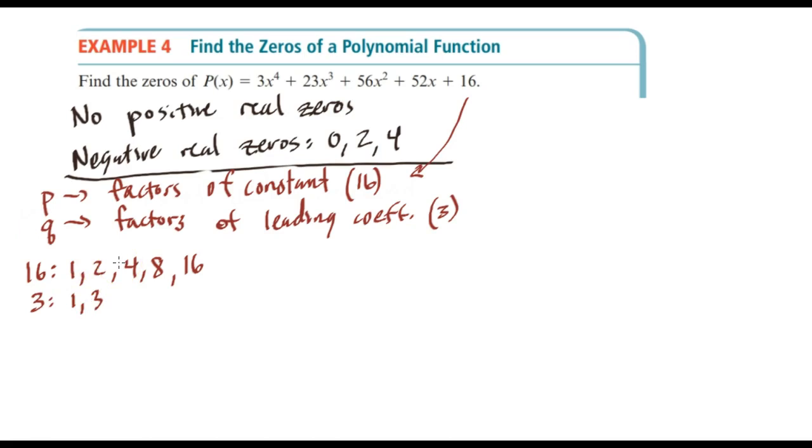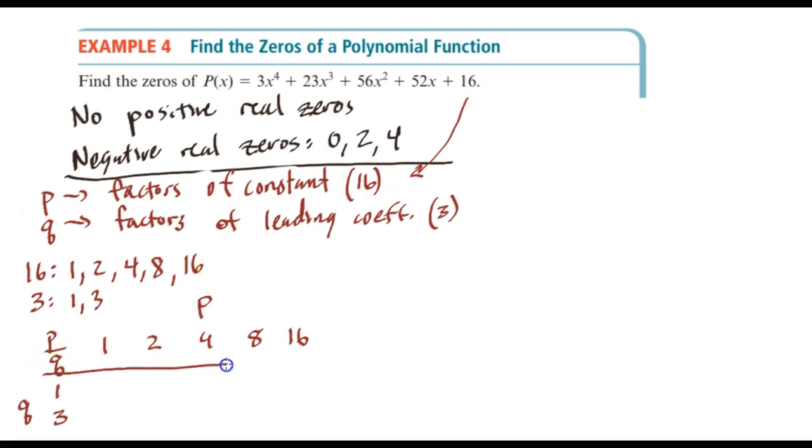All right, so we can now look at the table. We can build a table here, and we have P divided by Q. We can have the Q here for the rows, and then we could have 1, 2, 4, 8, and 16, and that represents our P's.